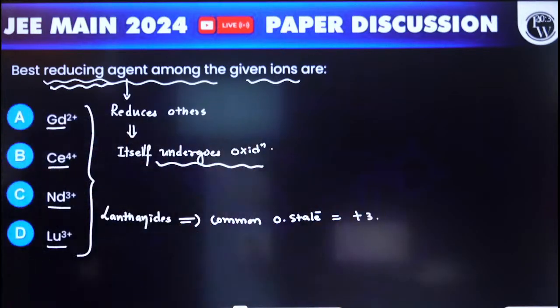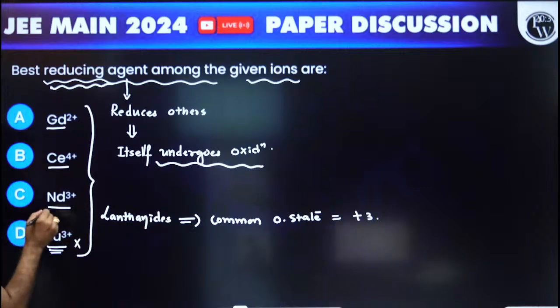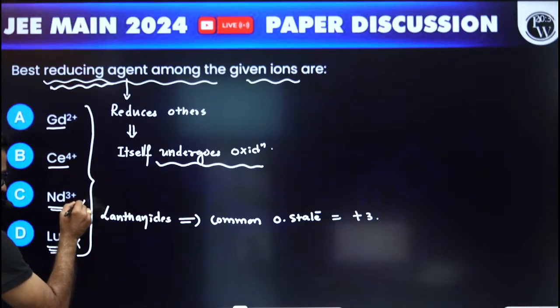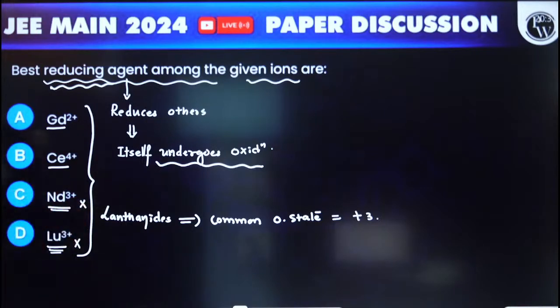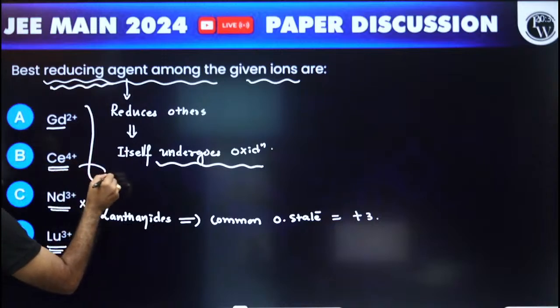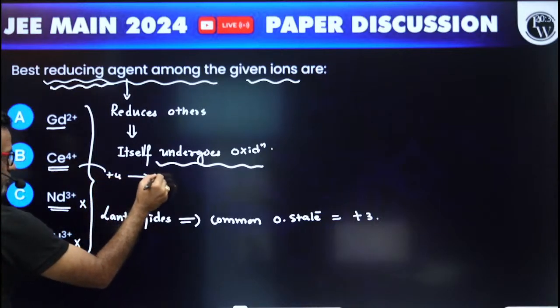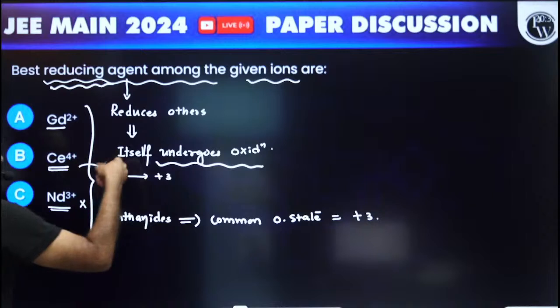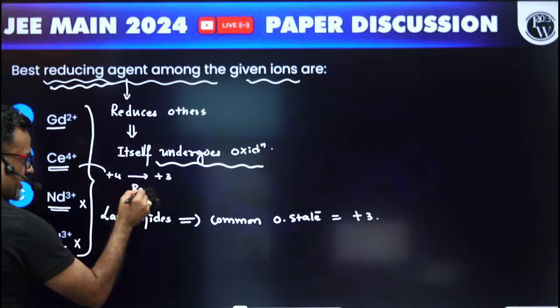If you can see this, this is in the +3 state. This will not be undergoing oxidation. Already stable oxidation state. So cerium is already in the +4 state. If it has to come back to +3 from +4, it is not undergoing oxidation. In fact, it is undergoing reduction.